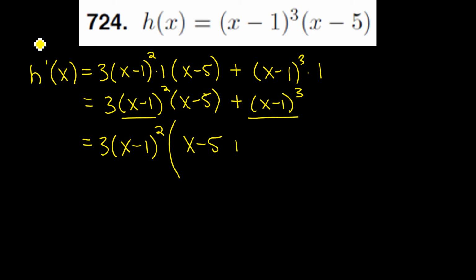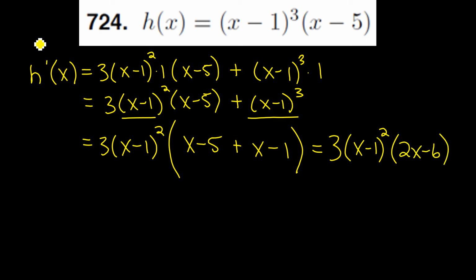Technically, these are both in parentheses, but because I'm adding them, I don't need it. Which, at the end of the day, is 3 times x minus 1 squared times 2x minus 6. So this is a factored version, very helpful when we're trying to figure some stuff out.